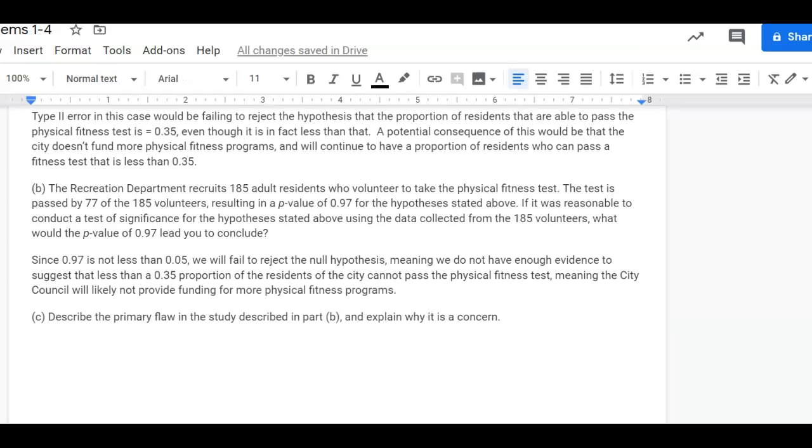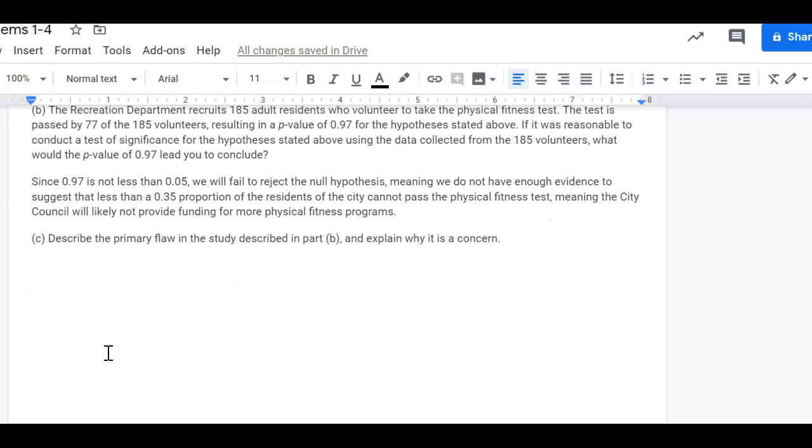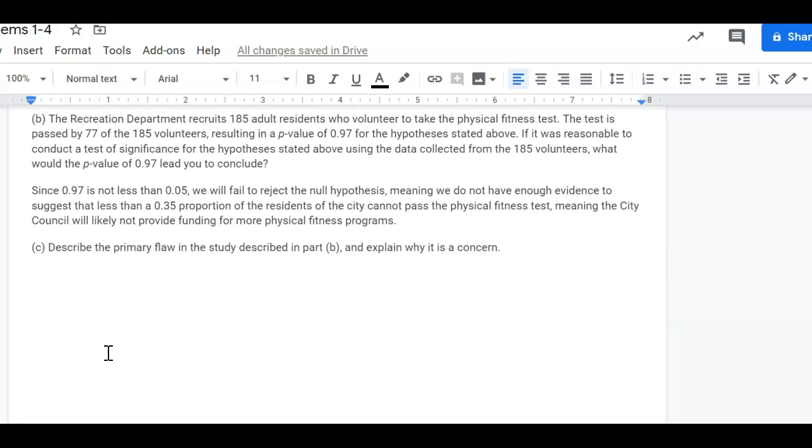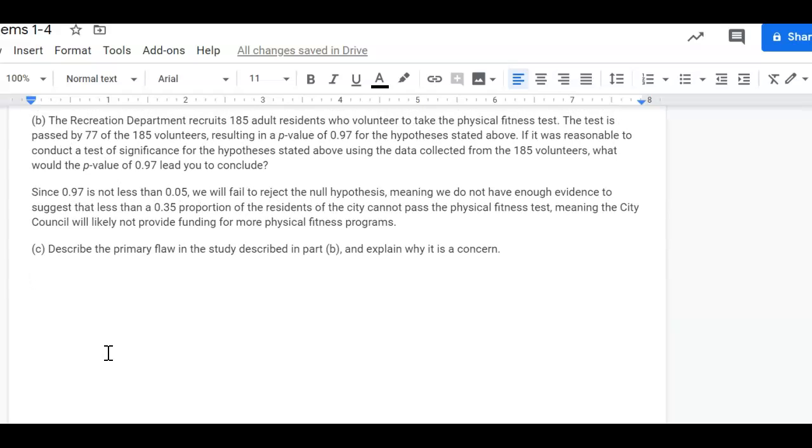Letter C. Describe the primary flaw in the study described in Part B and explain why it is a concern. So this harkens back to Unit 3, right? If we read Part B, there are a couple things that went wrong, right? Not really. It's really just one big thing that should stand out, and that is they recruit 185 adult residents who volunteer to take the physical fitness test.